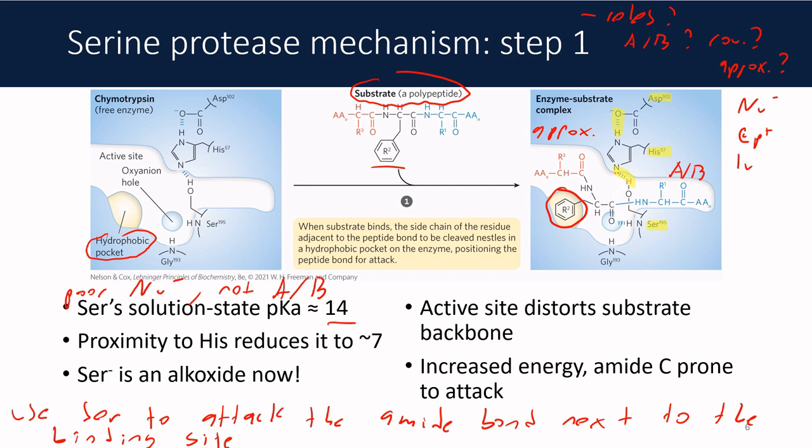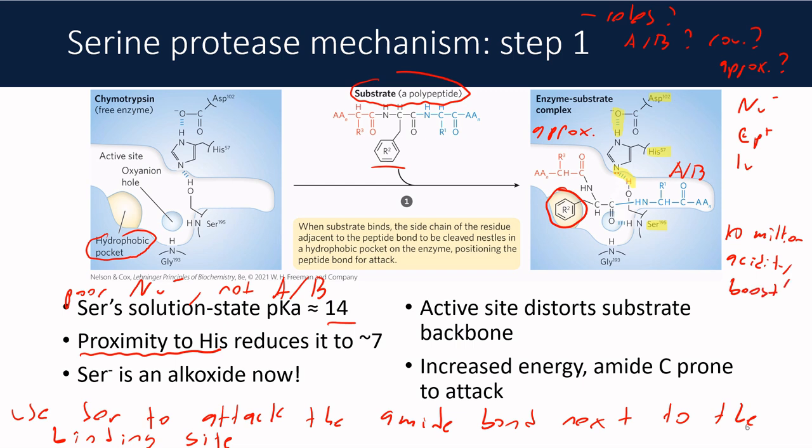I know serine is not an acid. However, its proximity to histidine reduces the solution state pKa of its hydroxyl from 14 to 7. Thanks to catalysis by approximation, histidine increases serine's acidity by a factor of 10 million. Which is amazing.